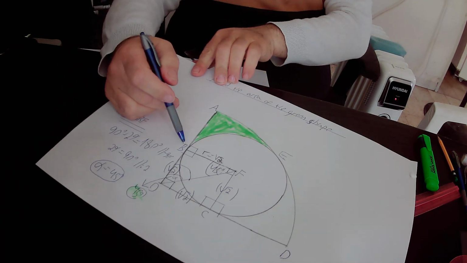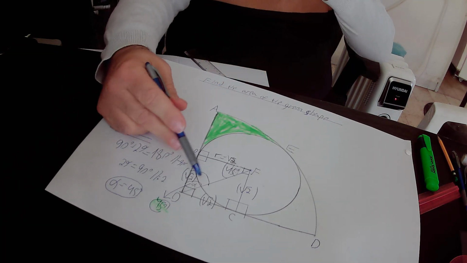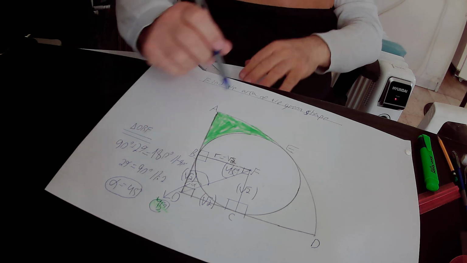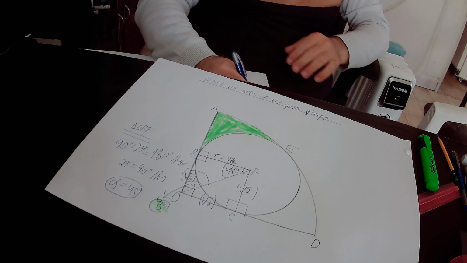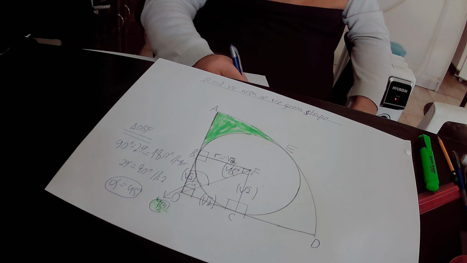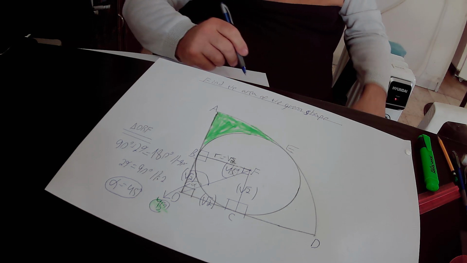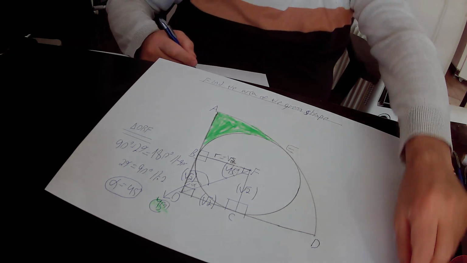the hypotenuse in this right triangle OBF is OF, therefore the square of the hypotenuse is OF squared, and it must be equal to the sum of the squares of the perpendiculars.